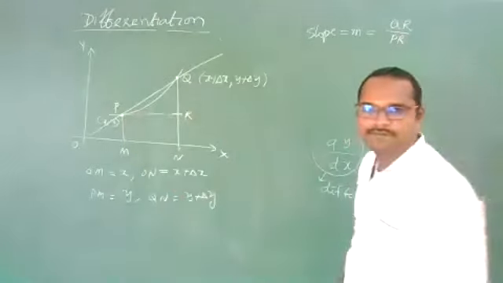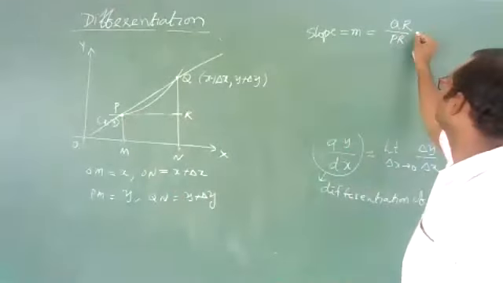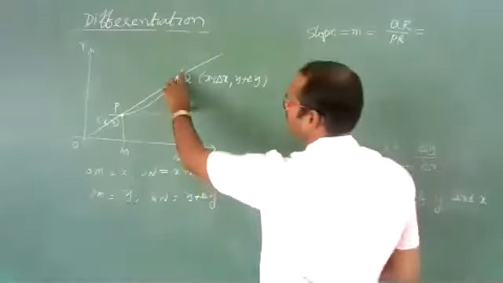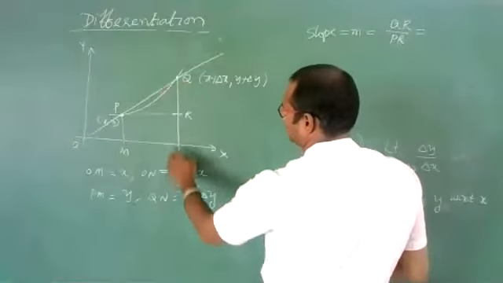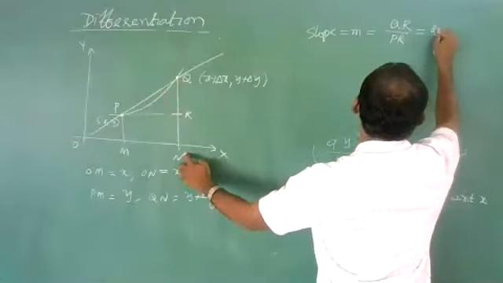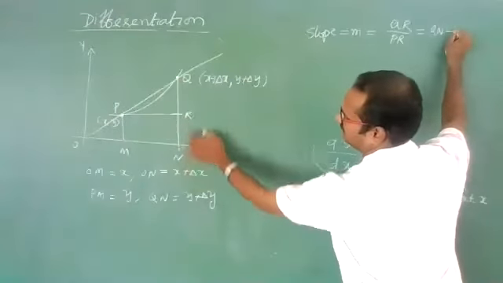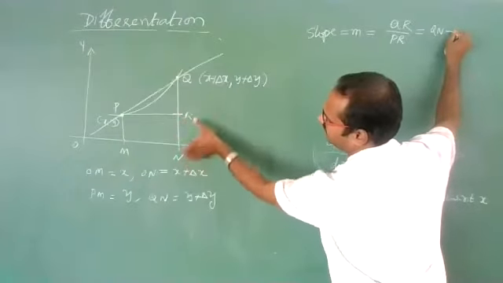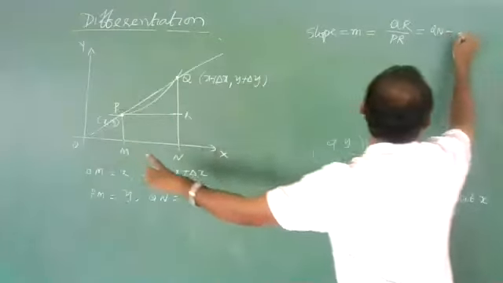What is QR? We can write this QR as QN minus NR. This RN is nothing but PM.